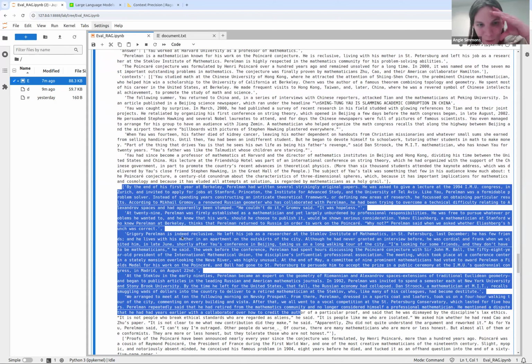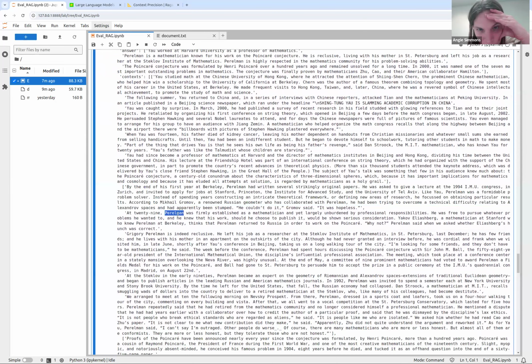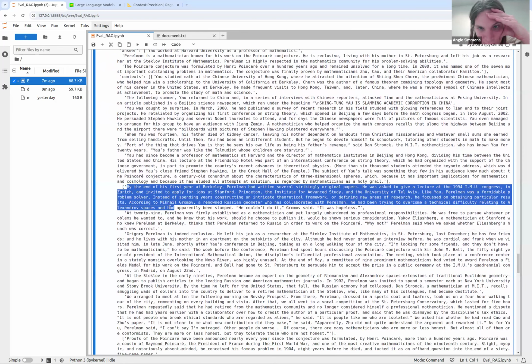Yeah, I think it's because even though we do have the answer in one of the contexts, it doesn't actually appear in the top ranked chunk that we got back, which might be why we got a low precision.